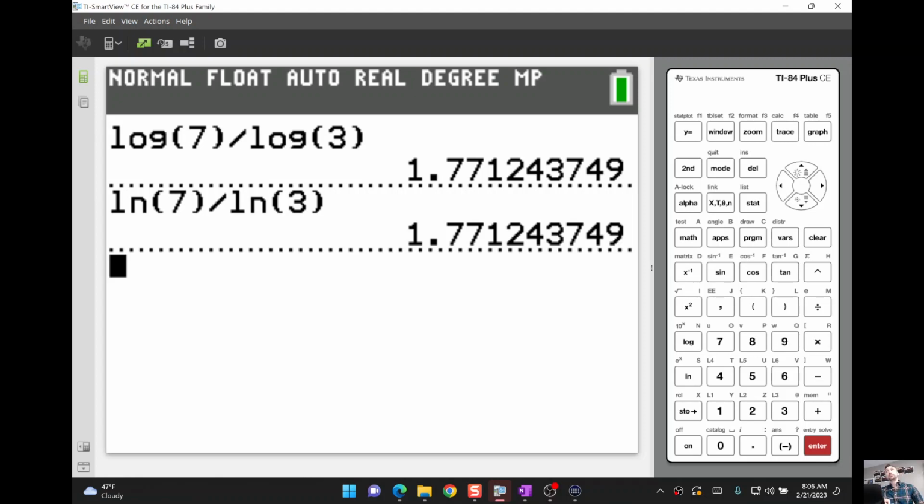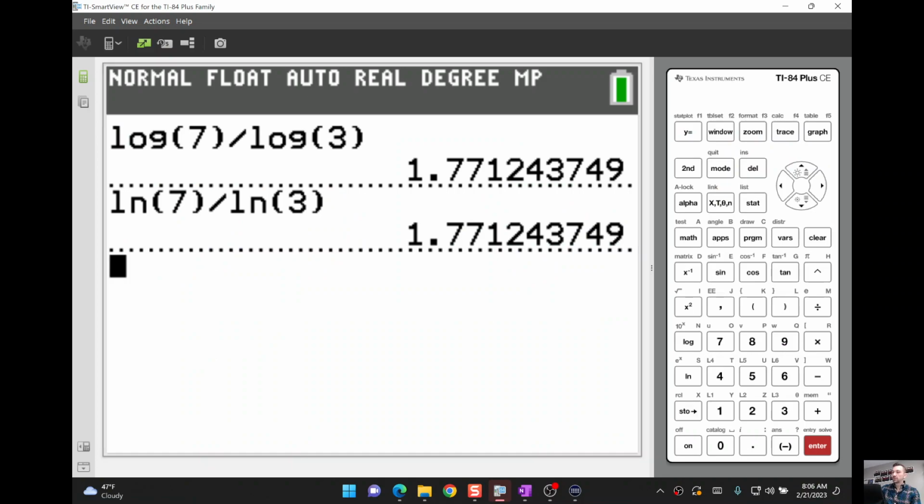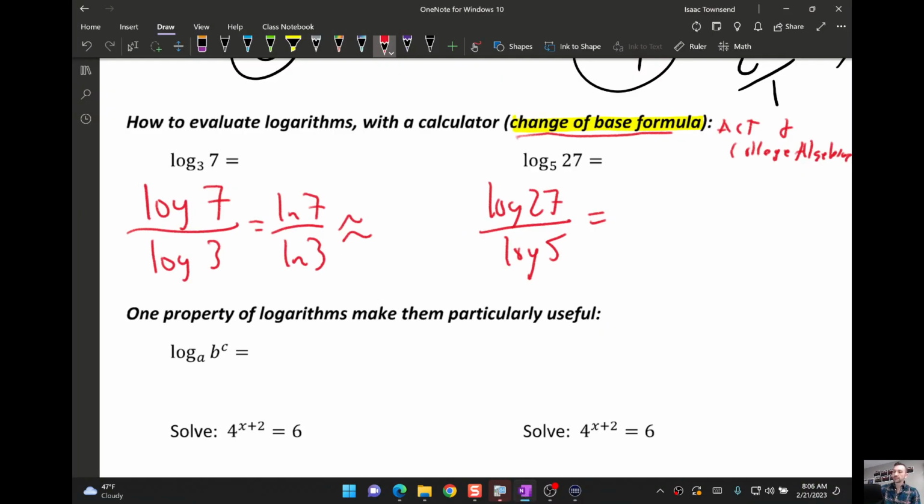Doesn't matter what your new base is, either both base 10 or both base e, but those are the two ways everyone's calculators are programmed. Okay, so this one, we could type in our calculator as log base 10 of 27 over log of 5, and, oh, I guess I should write the answer down, 1.771 over here.